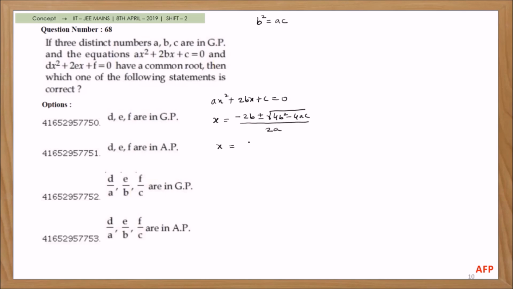So x is equal to minus b plus or minus square root of b square minus ac divided by a. So here 4 is common, 4 comes outside, and 2 is common, 2 will get cancelled here. Okay, now listen here, we have b square is equal to ac.